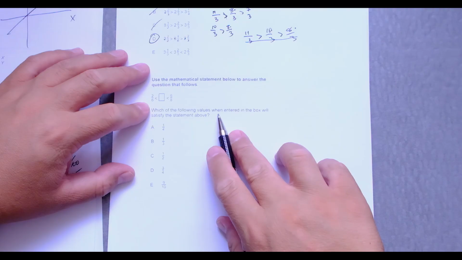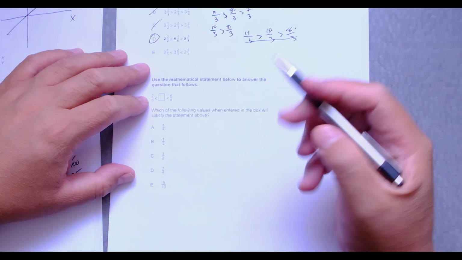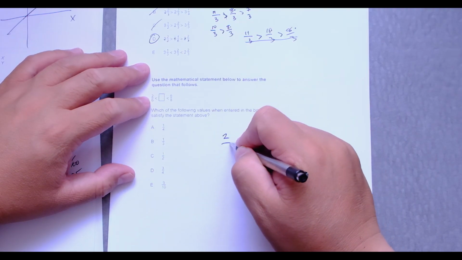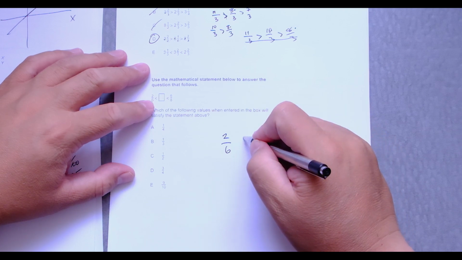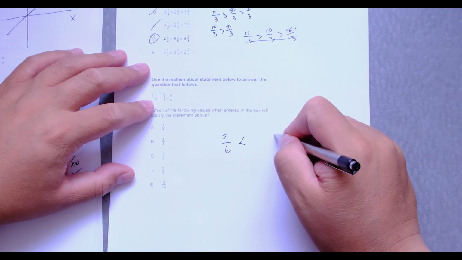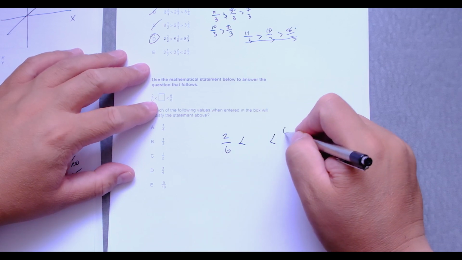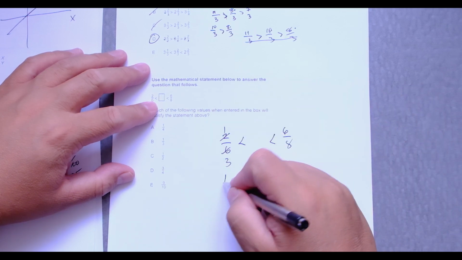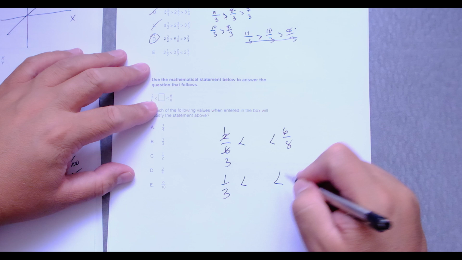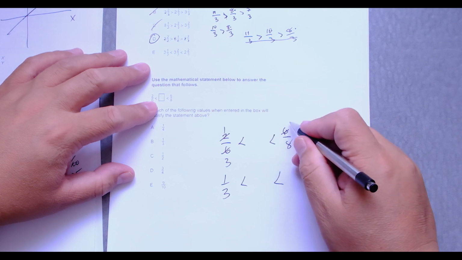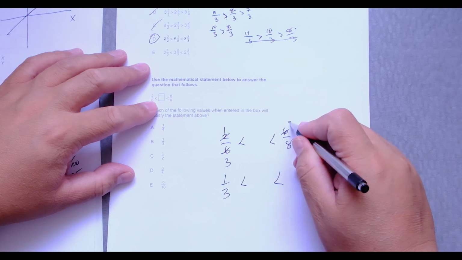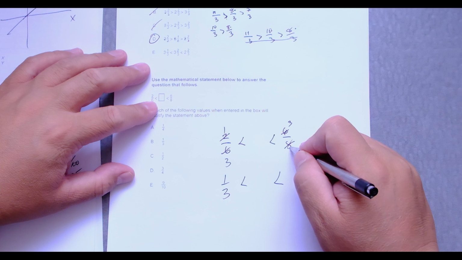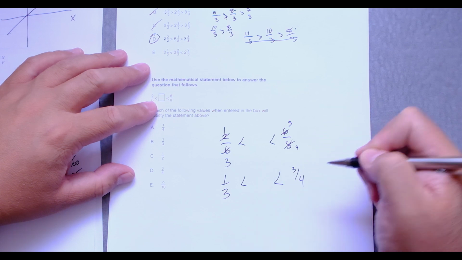Which of the following values, when entered in the box, will satisfy the statement? 2 over 6 is less than something less than 6 over 8. Let's reduce. 1 over 3, less than 6 over 8. 2 goes into 6 3 times, 2 goes into 8 4 times, 3 over 4.